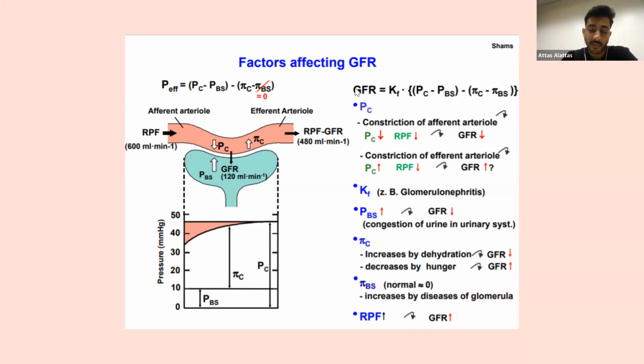Do you think the GFR is increased or decreased? Since it will be multiplied by the difference of all of this, then the GFR should definitely decrease, because normally it's 10, but because of the nephritic disease, you have now 5. So the GFR should ideally decrease. Is that understood?